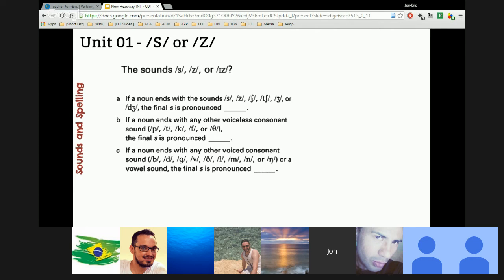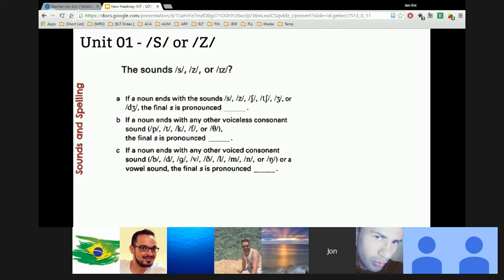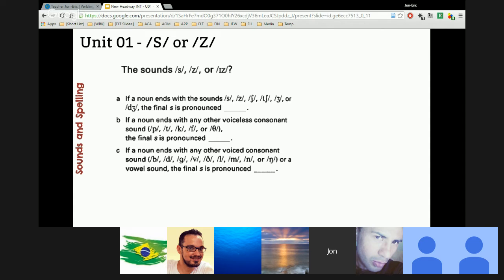The symbol is a long S. It's a long, flat S sound. Okay, but I'm doing the fishes. The next one is the ch. So for that, we could say benches. That's the ch sound. Benches. Okay? And after that, we have the j, like measure. What word ends with a j sound?